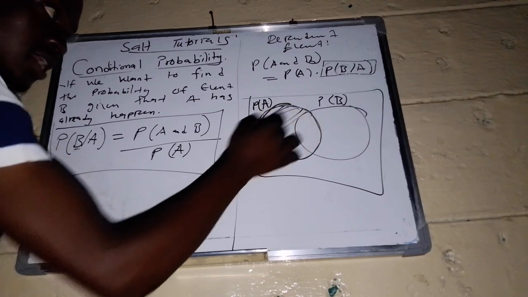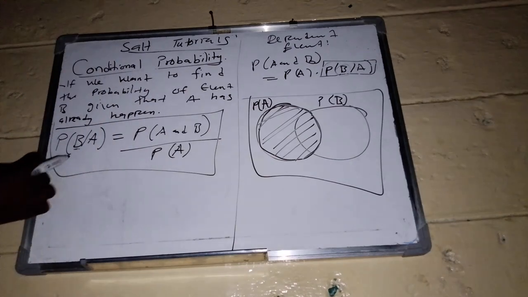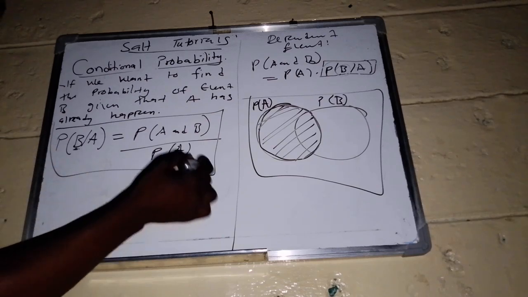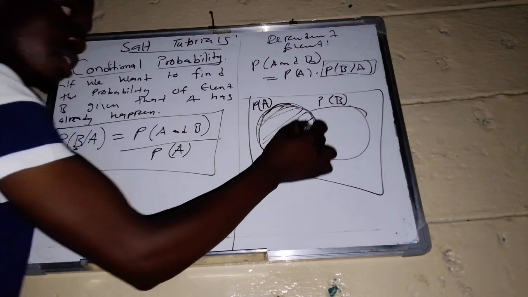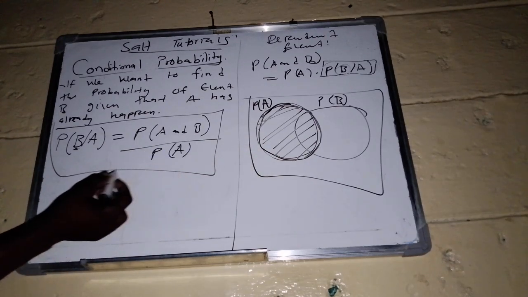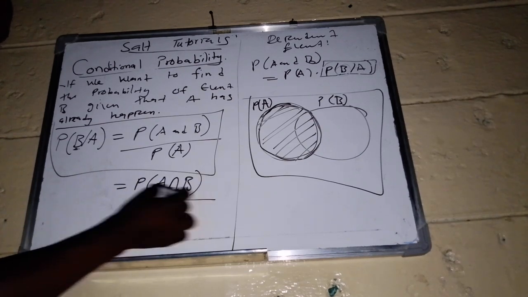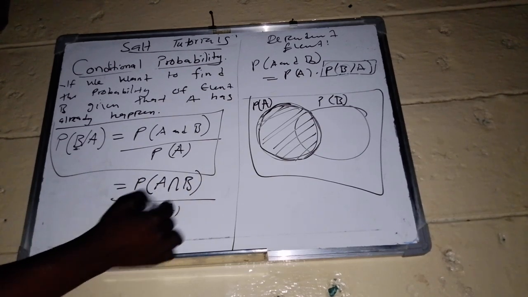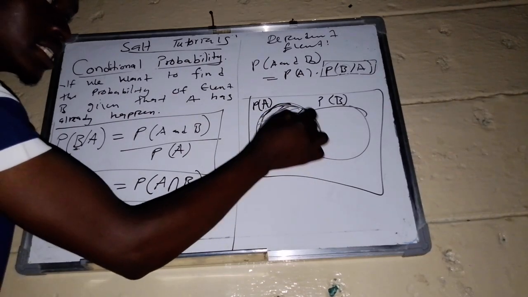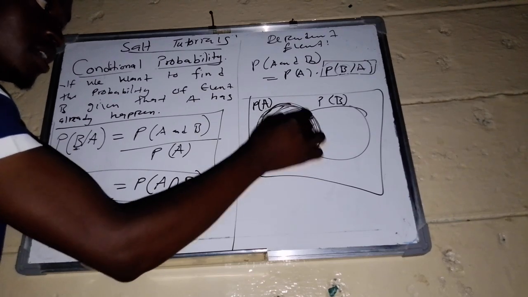But in the occurrence of A, we want to find the probability of us picking a B. So the probability of us picking a B when A has already occurred is basically the probability of A intersection B over the probability of A. The only way I can get my B from the probability of A is this part. This part is the only thing which is going to give me my B.